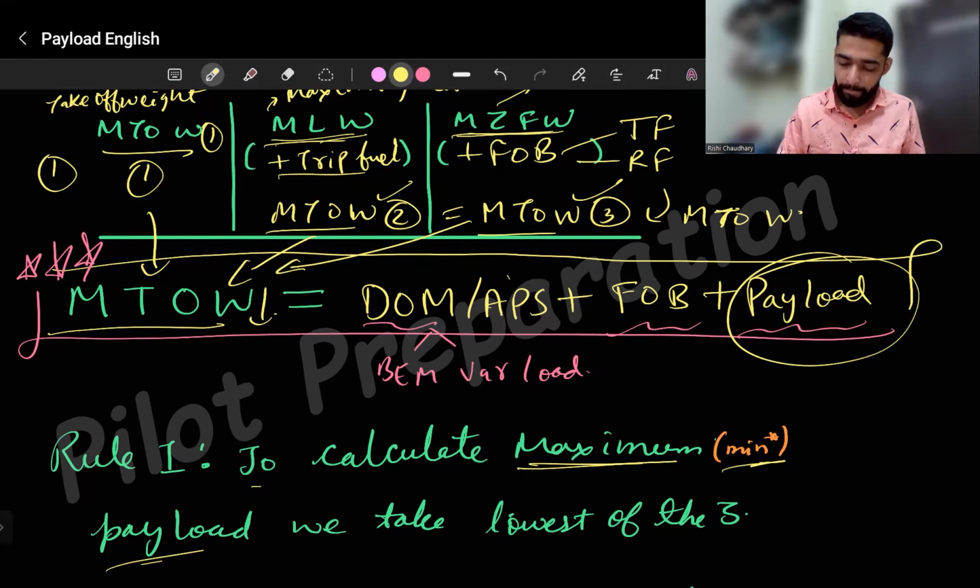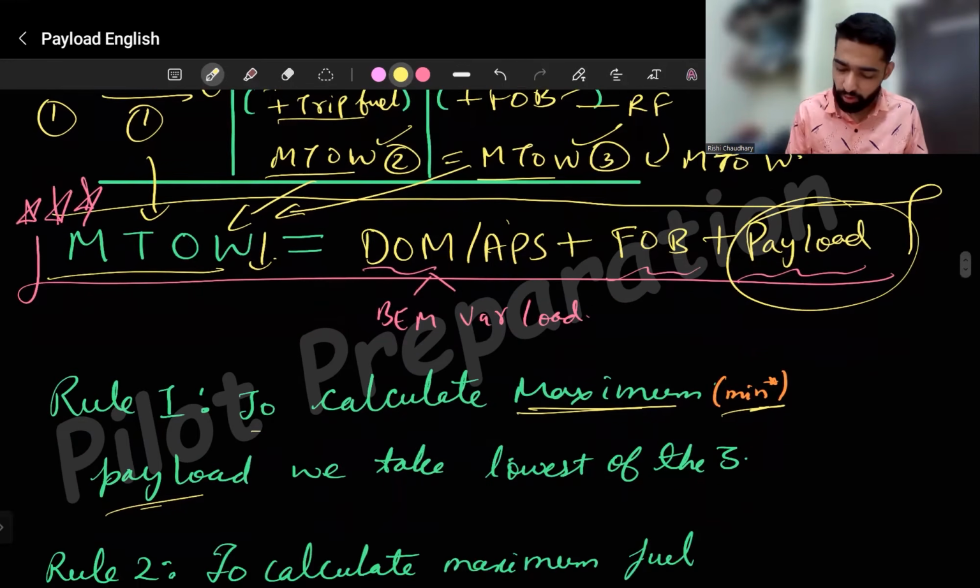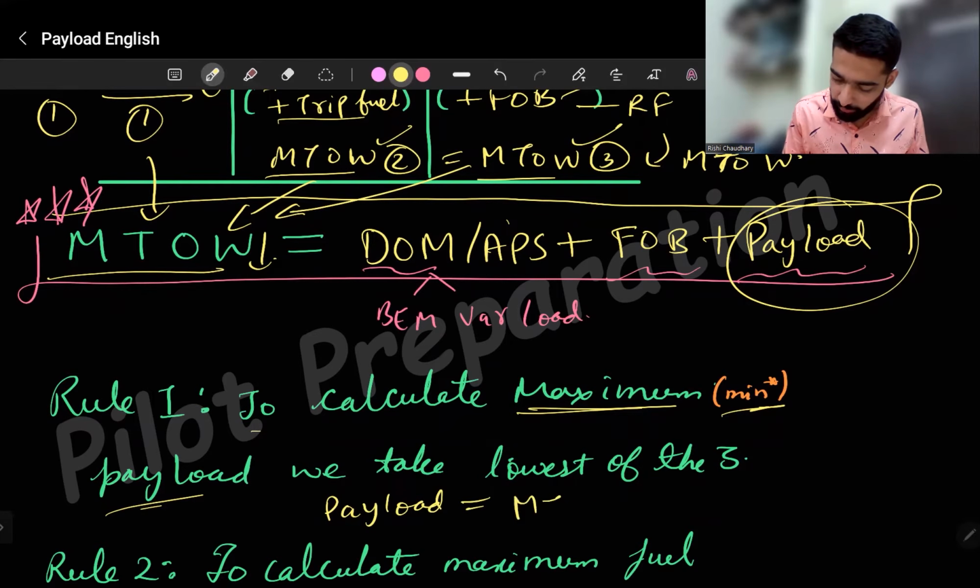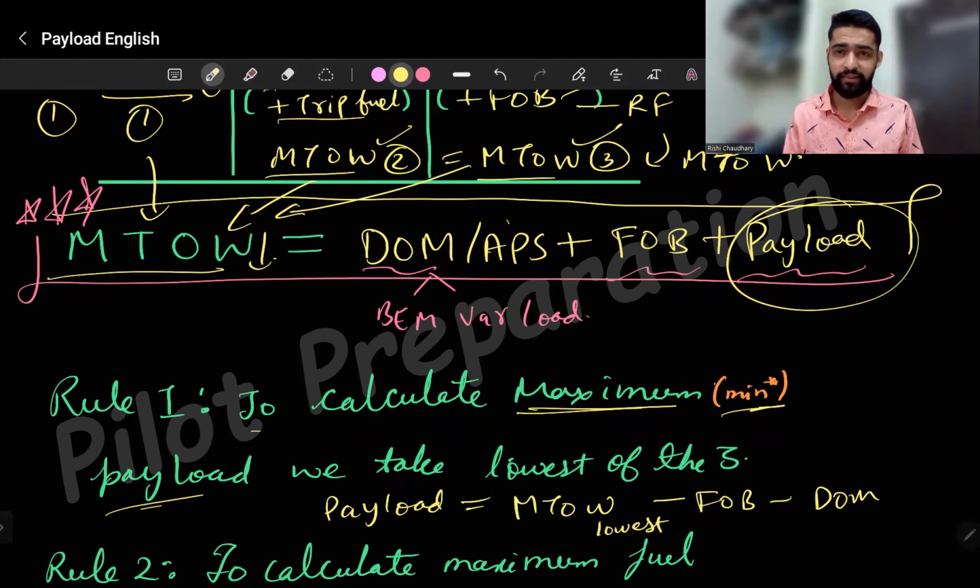Got it? So it will look like this: payload is equal to MTOW lowest minus FOB minus DOM.